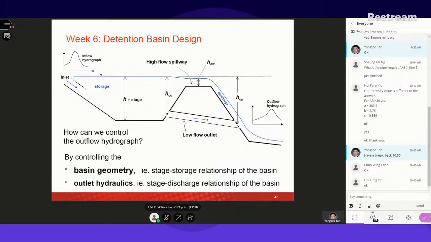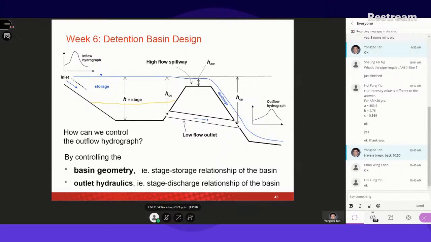For example, here you can see there are two outlets. For the low storage, normally we use the low flow outlet. If the stormwater level is here, we use this low flow outlet to release the water to the downstream areas.